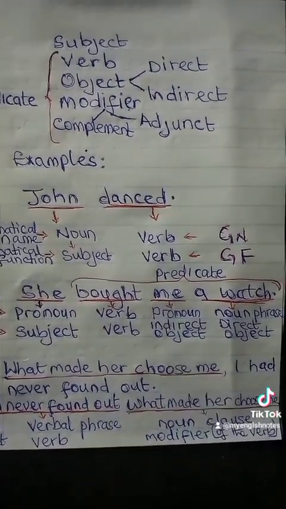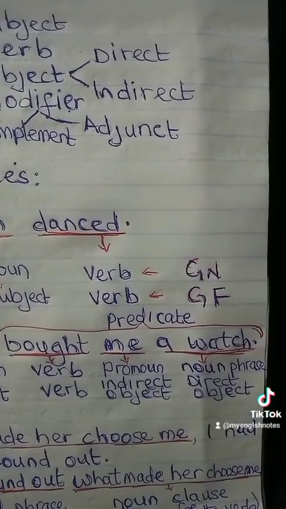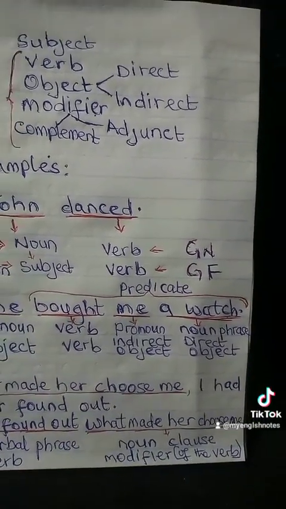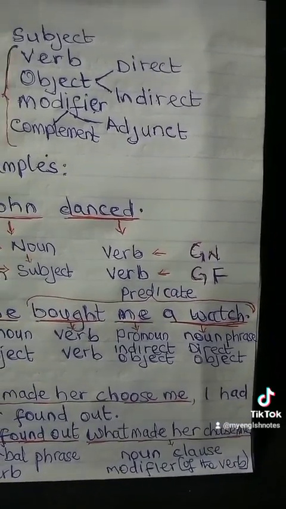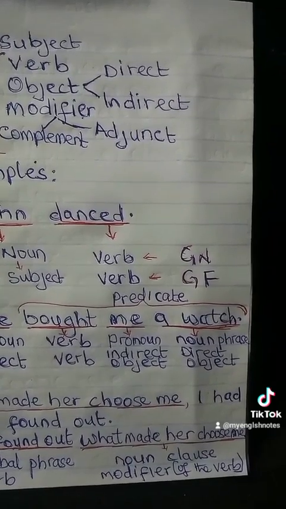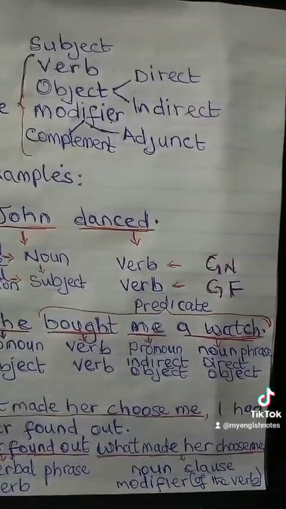So bought me a watch in this sentence is the predicate, the part of a sentence that begins with the verb. Let's look at it one by one. Bought is the verb; the grammatical name is verb and the grammatical function is also verb.